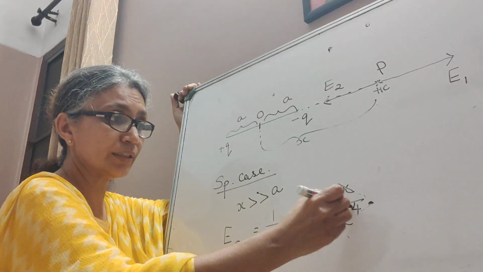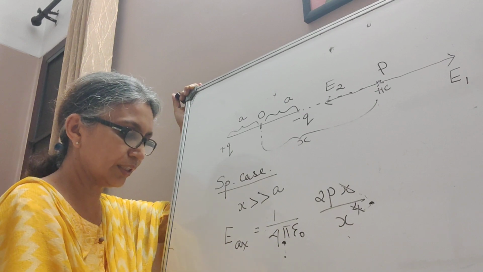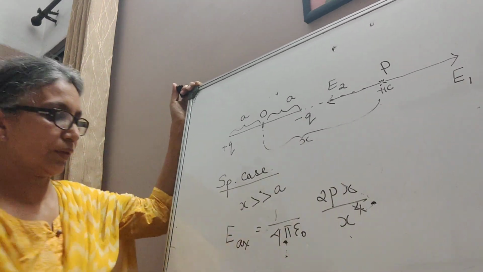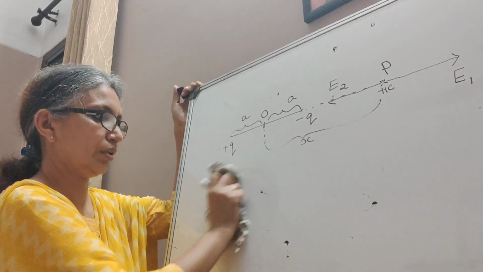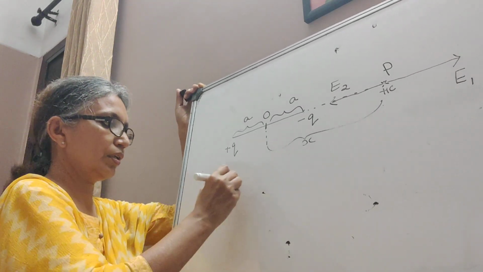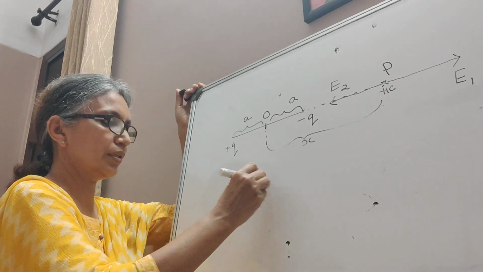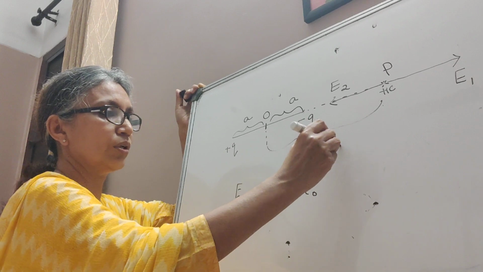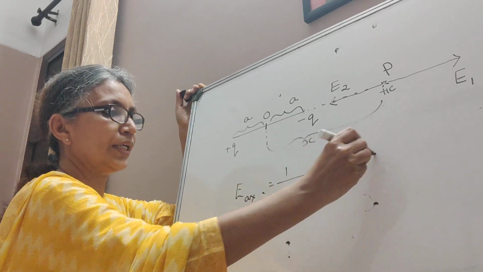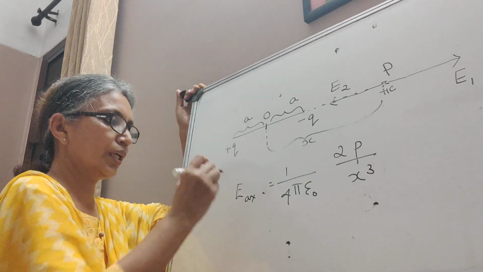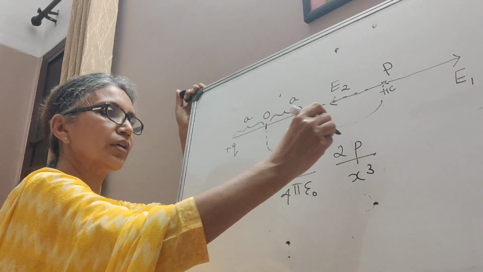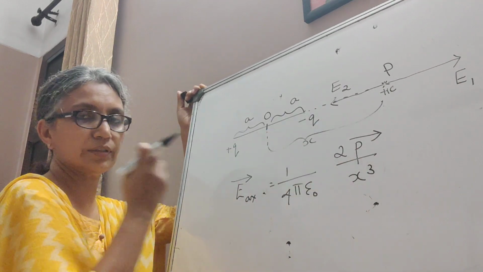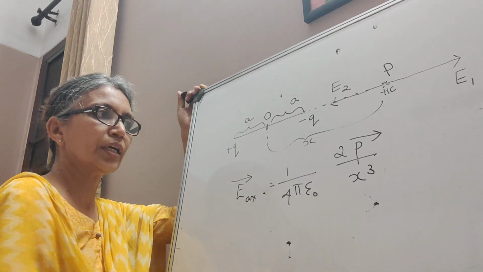So this, if I cancel, I will have finally E axial equal to 1 by 4 pi epsilon 0 2p by x cube. This is a vector whose direction will be the same as the dipole moment, the vector dipole moment.